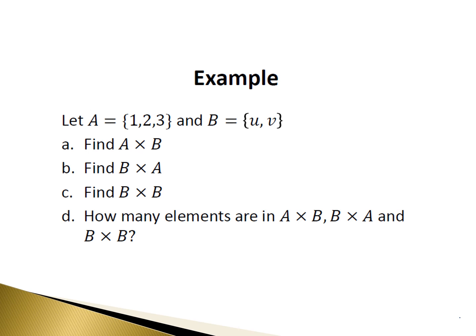We need to find the Cartesian product of A cross B. Remember, in the Cartesian product, our answer is an ordered pair. So set A cross set B, you will have 1u, and that is an ordered pair, and then 1v.